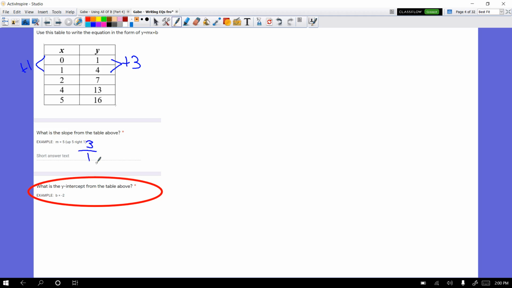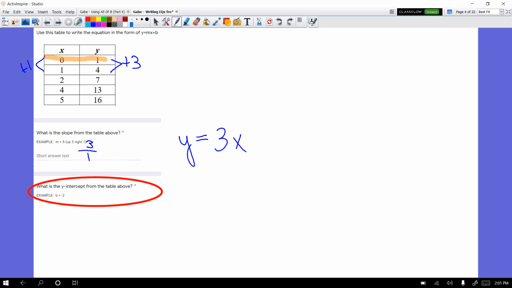Now, whenever we're looking at a table, and this is what our focus is on, which is why we're doing part 2 to part 3, is using this as your slope, okay? And there's 2 ways you can find this, and that's always going to be if you can see that x is 0, there's your y-intercept. So I already know that the y-intercept is positive 1. So this is going to be 3x plus 1.